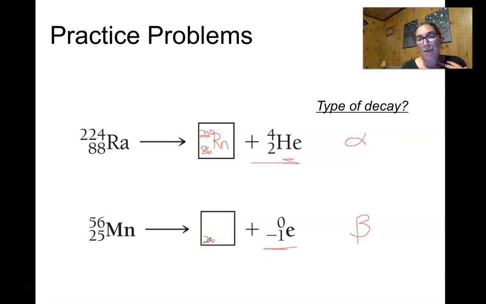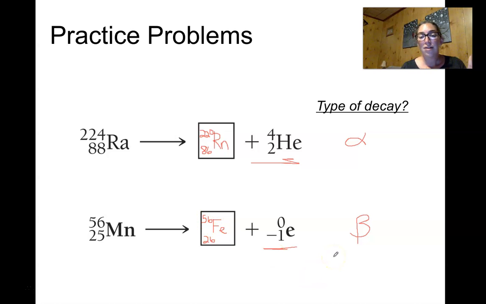Now we look up at the periodic table to see, well, what element is element number 26? And it turns out that is iron. And iron's chemical symbol is Fe. And then lastly, we need to write in the new mass number. Blank plus 0 equals 56, so it's just 56. There's actually no mass lost in beta decay, so the mass number stays the same.